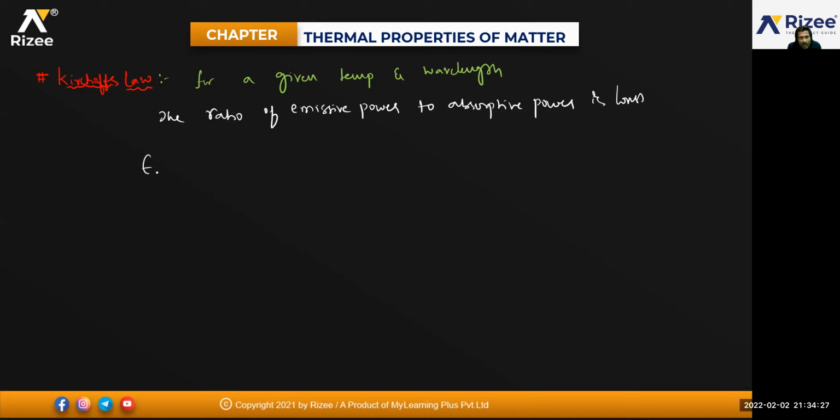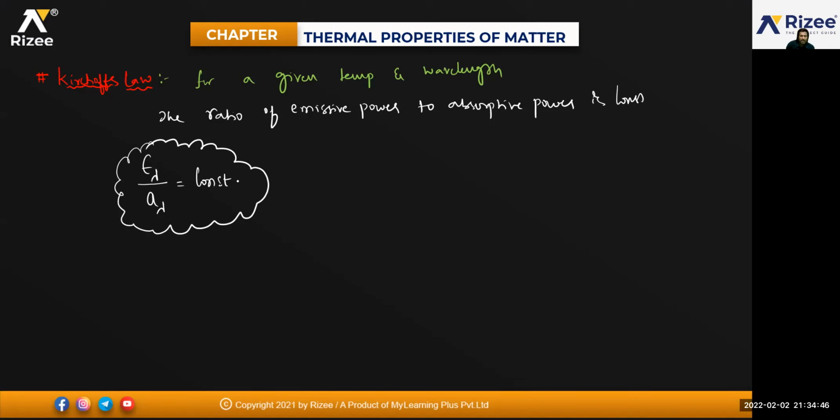That means E at a particular wavelength divided by A at a given wavelength will always be constant. That means good emitters are good absorbers.